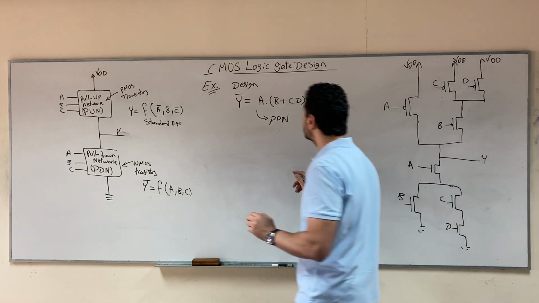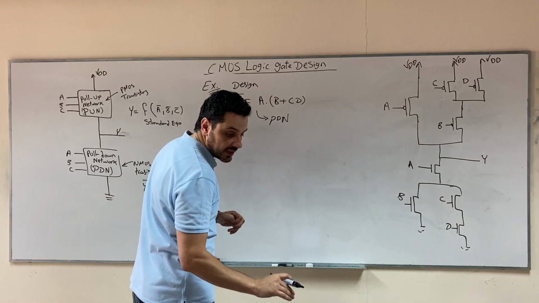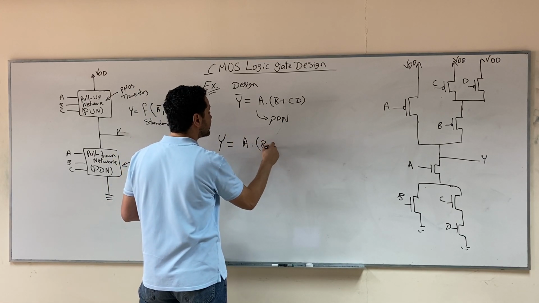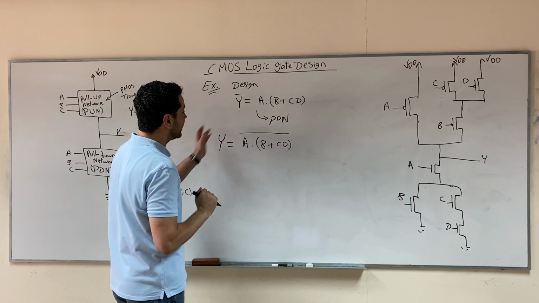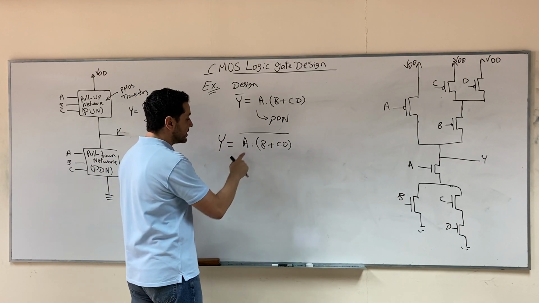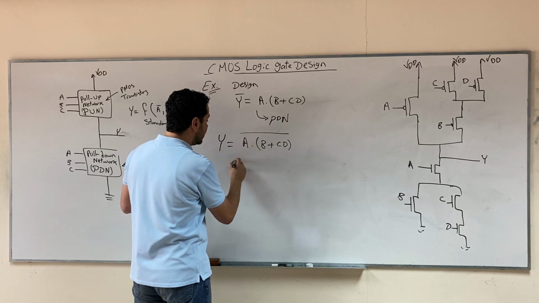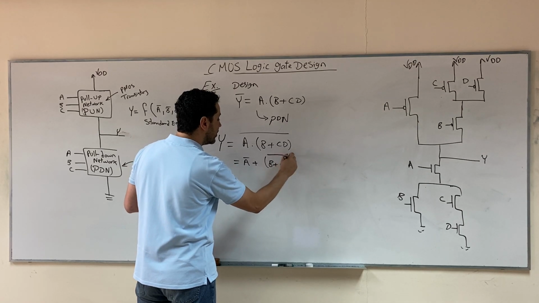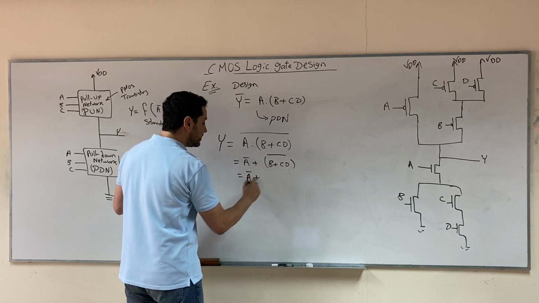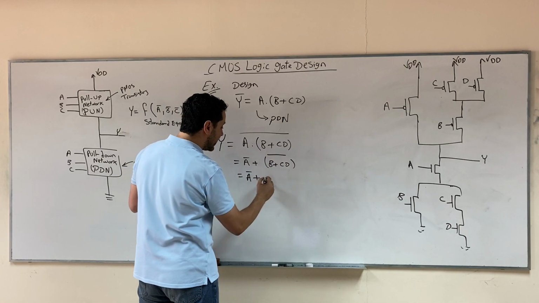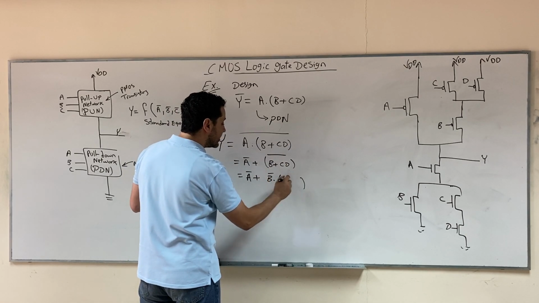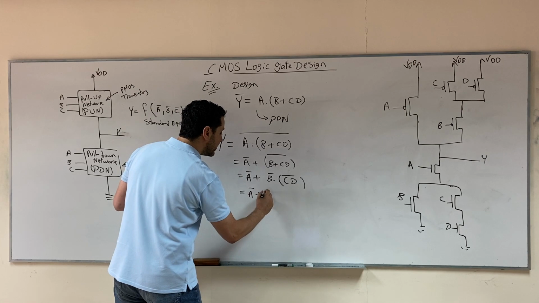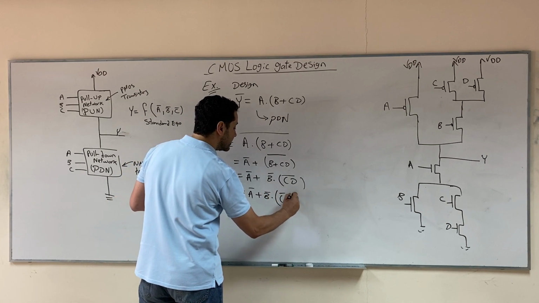You can do the same using the equation. So for example, using De Morgan's law, you can say that Y equals A and something, all bar. You can take bar both sides. And then using De Morgan's law, A and something bar means that it will be A bar or B or CD all bar. And then again, B or something all bar will be B bar and C D all bar, which can be written as A bar or B bar and C bar or D bar.